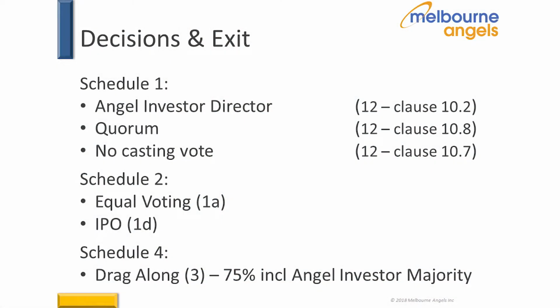Now in Schedule 4, which talks about the transfer of shares, there's a key thing to have, which is the drag-along. Now a drag-along is a term that says if 75% of the shares eligible to vote, including an angel investor majority, vote to take an action which is effectively to sell their shares, then everybody else has to get dragged along whether they like it or not.